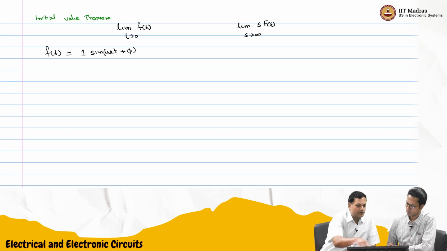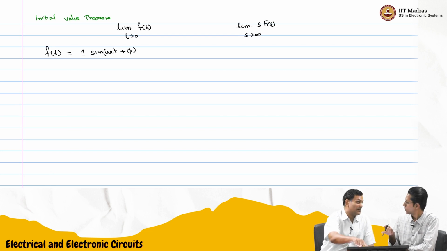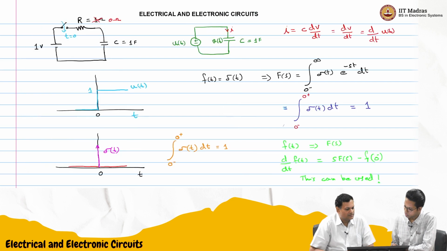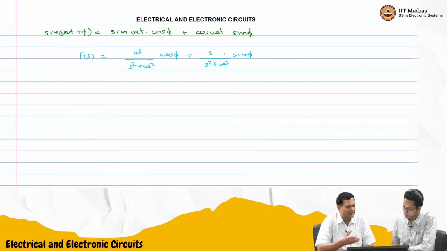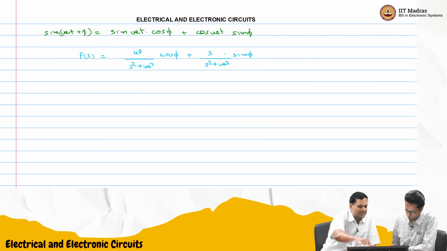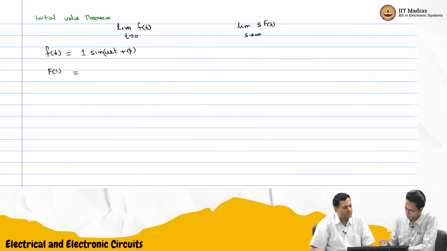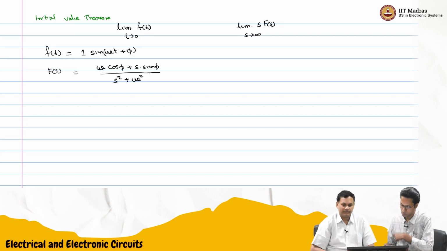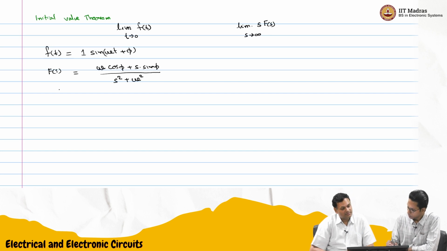Now if you want to use the initial value theorem, I have to convert it to find capital F of S. But we already did this. So F of S, I think it was, we'll go back to the table to confirm. Here it is. It is omega cos phi plus S sin phi. So we just have to apply this.